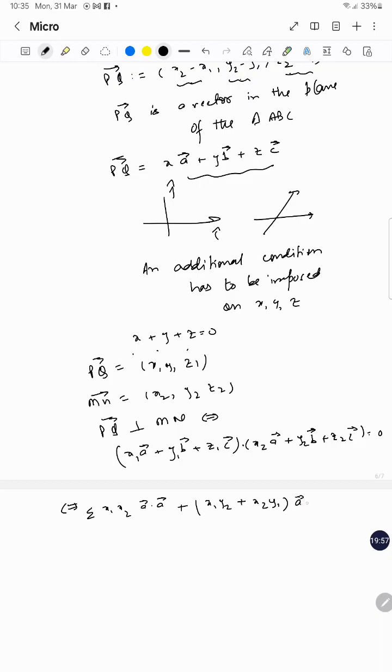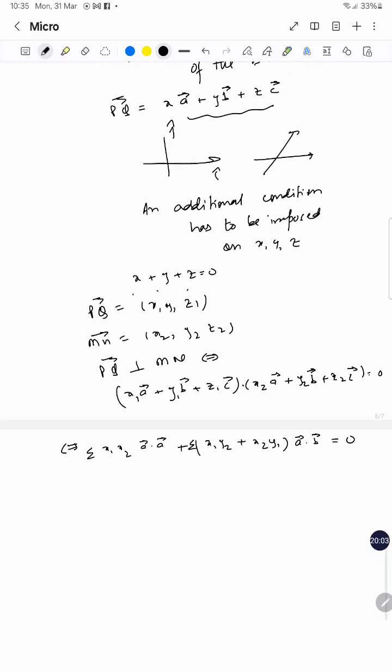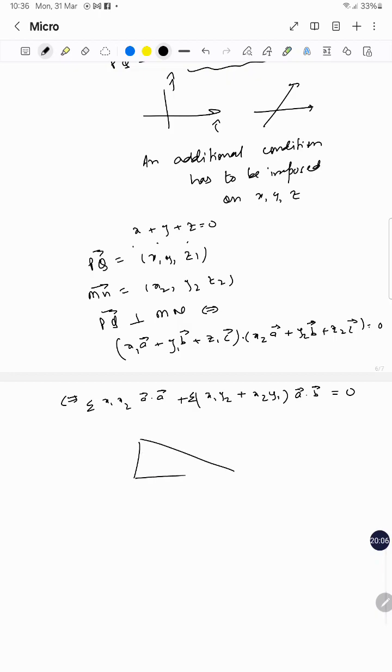A dot B vector is the same as B dot A vector, summation. Now, in that triangle, because the origin is at the circumcenter, this is A vector, this is B vector. So A dot A vector is equal to mod of A vector squared, the norm of this vector, the length of this vector squared, because the angle between them is 0 and cos of 0 is 1, and this is equal to the circumradius.